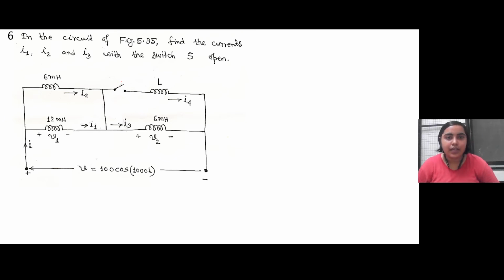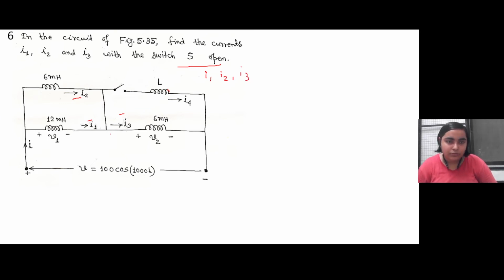There is a circuit given here where the different currents flowing through the 3 inductors are given as I1, I2 and I3, and one switch is there which is open, and current I is flowing through the inductor with inductance L. Now it is written that the switch S is open. You have to determine what are I1, I2 and I3.